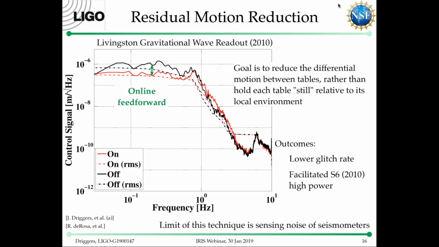So in black is a trace of how much our mirrors, something related to how much our mirrors are moving, without this feed forward system enabled. And then the red traces are with this seismic feed forward system enabled.